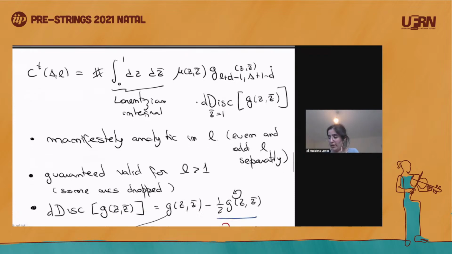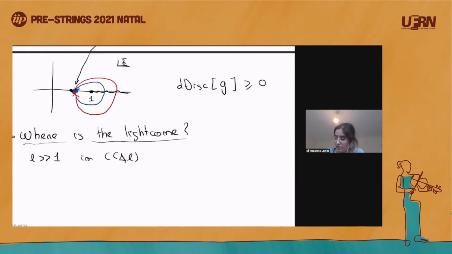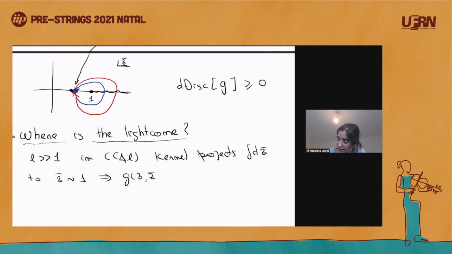So when L is very large, the kernel projects the Z bar integral to Z bar near 1. So G of Z bar needs to be evaluated near Z bar equals 1, which is the light cone.